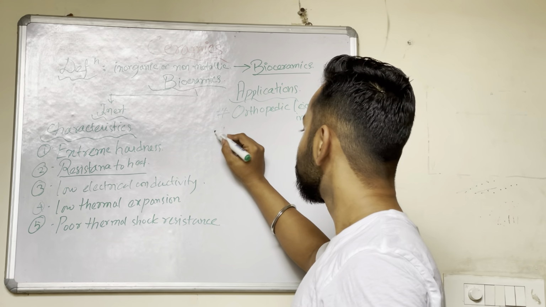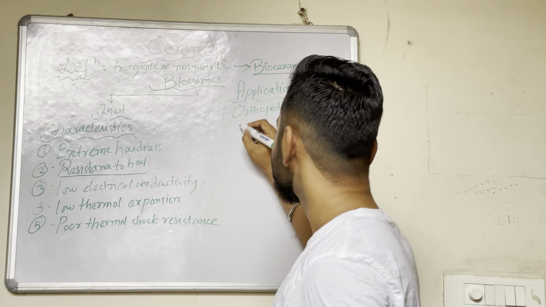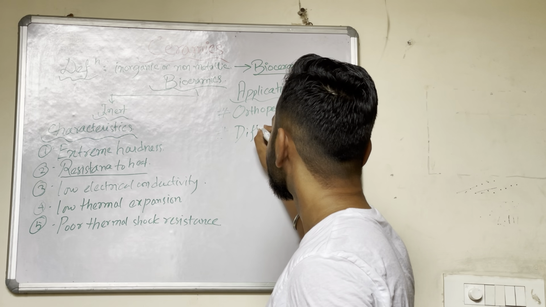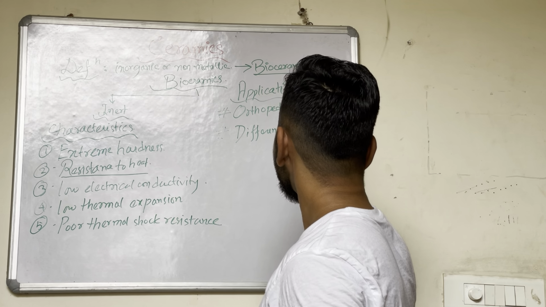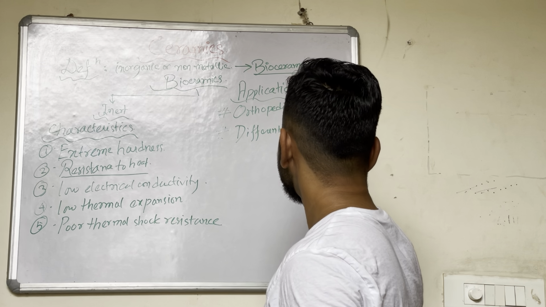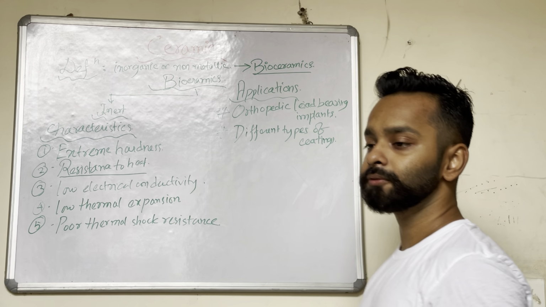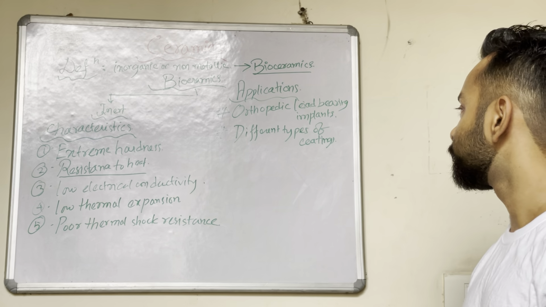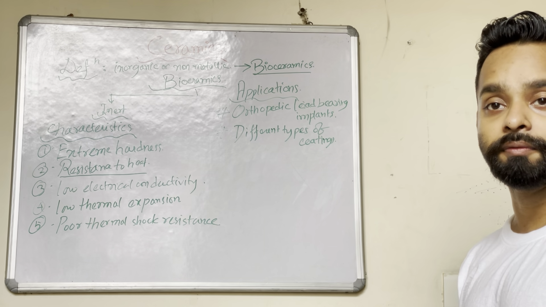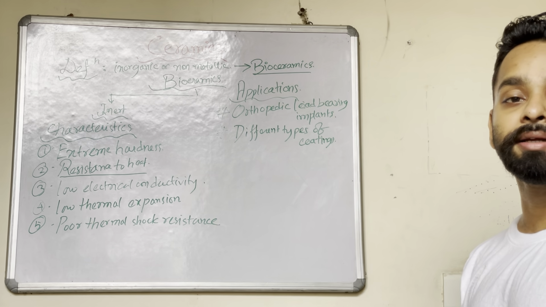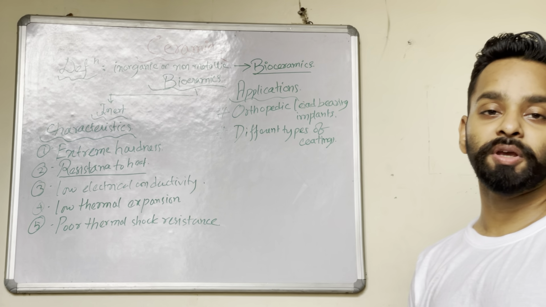The other interesting application would be the different types of coatings. All the different types of coatings which are made up of these ceramic materials show a high degree of resistance to wear and corrosion because of friction.